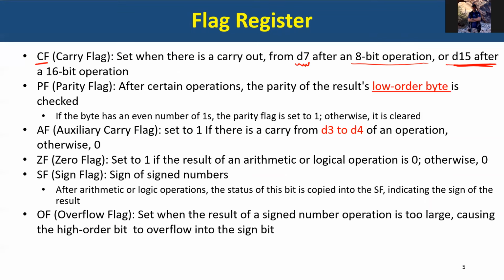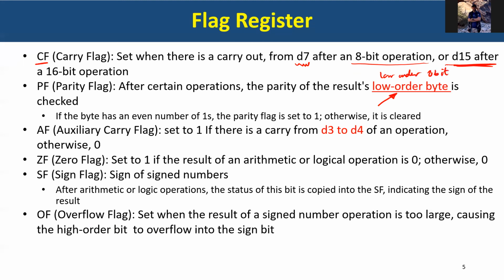And don't worry if you didn't understand my wording or my English here, because we're gonna take many examples and see practically how it changes. The parity flag is an even parity, and it always checks the low order byte, the low order 8 bits.